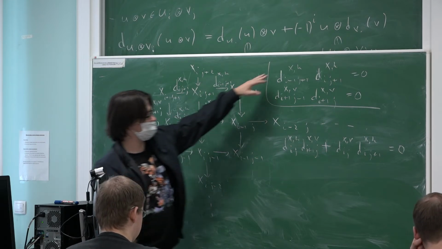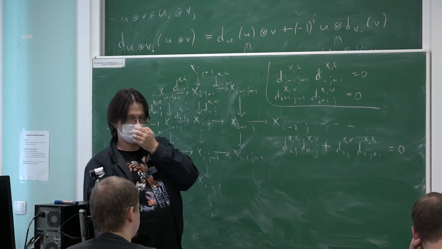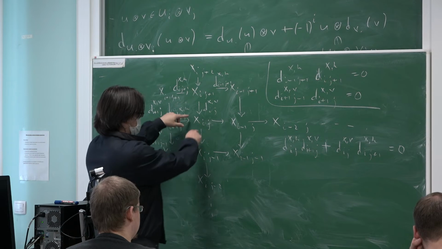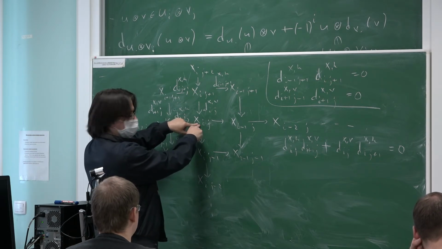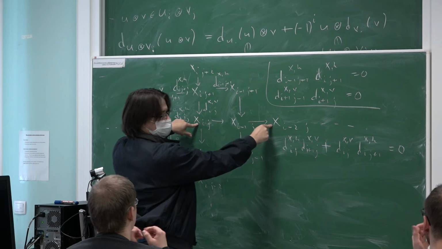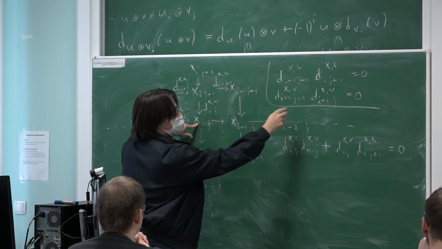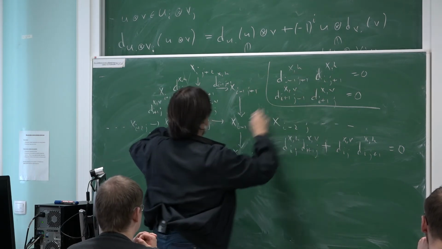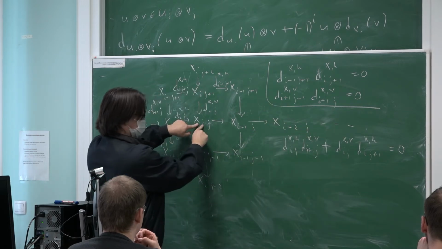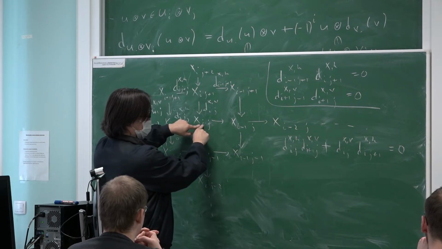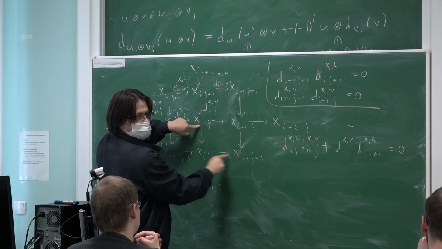And these conditions guarantee that you will get a complex, because if you take an element here and apply the differential 2 times, first you go here and get 0 by this condition, then you go here and get 0 by this condition, and another way is that you will go in this way and in this way.